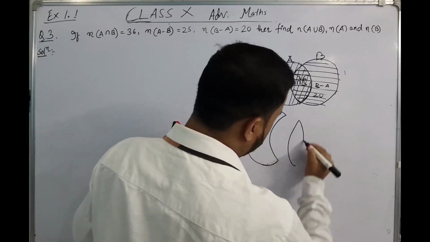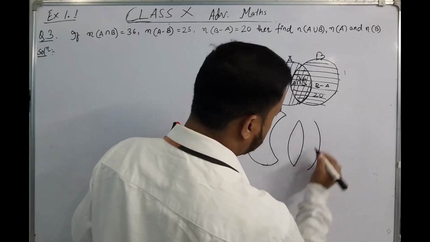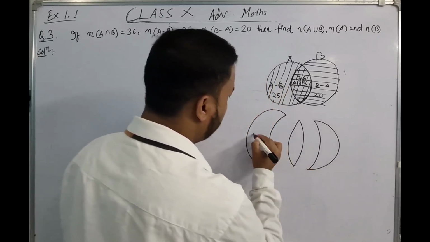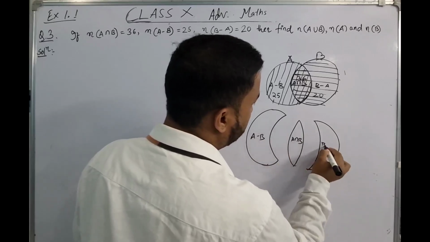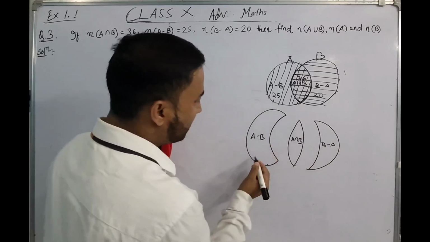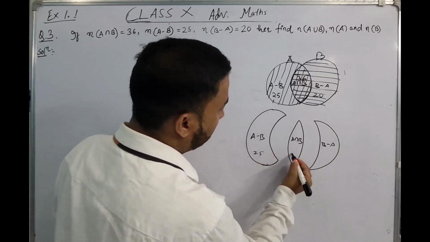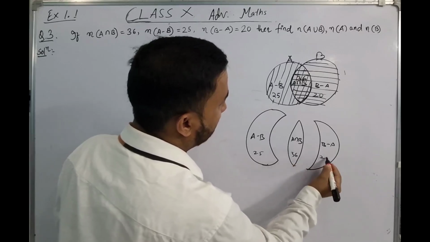We have these 3 parts: this is A difference B, this is A intersection B, and this is B difference A. The numbers given are 25, then 36, and then 20.